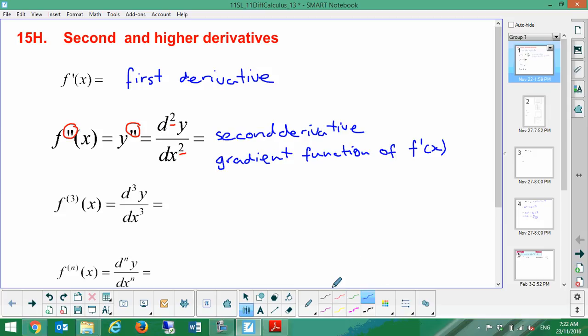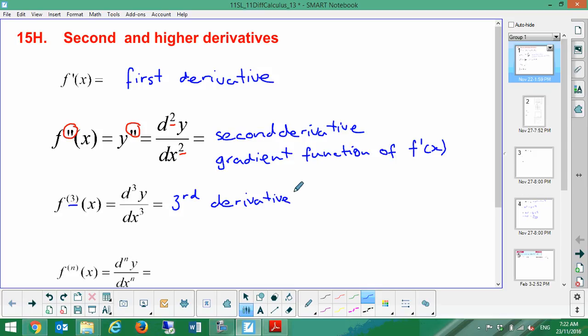And we could keep going. So we could take the third derivative, and instead of doing the triple dash, they put a 3 in little brackets. d3y dx cubed. So this is our third derivative. And we could keep going.